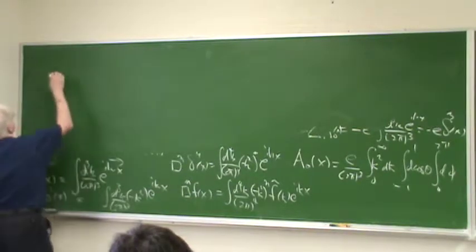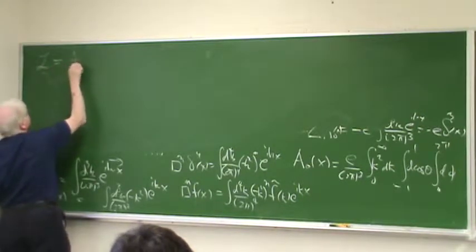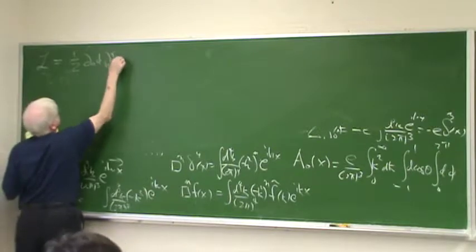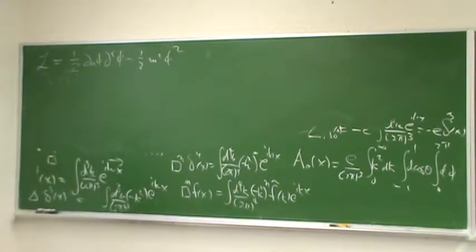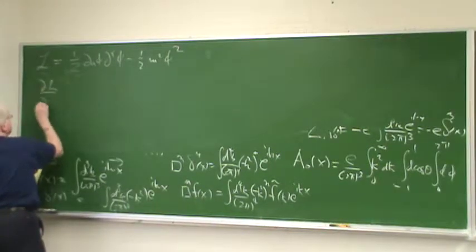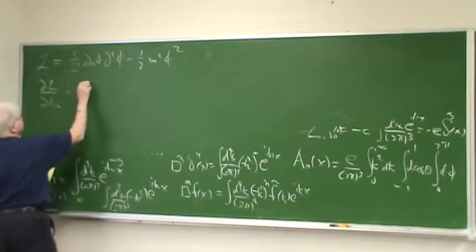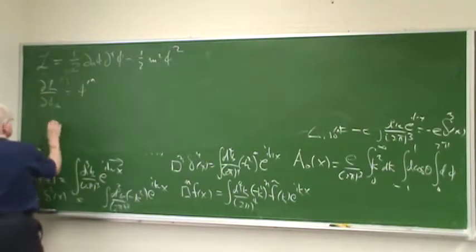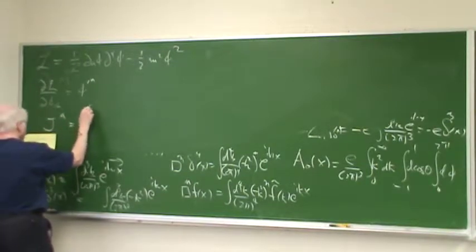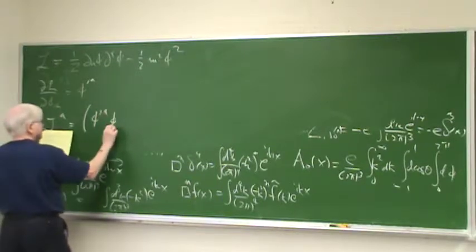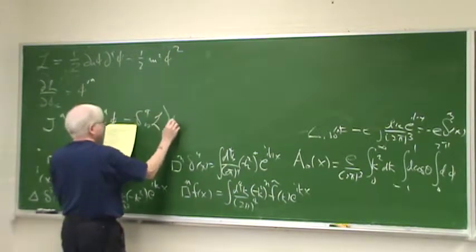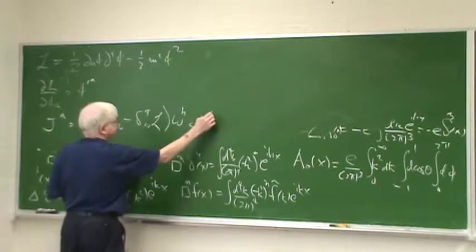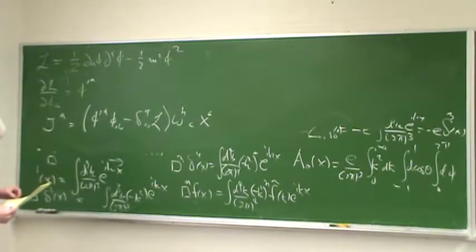All right, as an example, if this L is a half partial_A v, partial_A v, minus a half m squared v squared, which is just a scalar field of mass m, then of course partial L, partial phi comma A is just phi comma A, and so J_A is phi comma A, phi comma B minus delta_AB L, where that's L, and then it's omega_BC x_C. So those are the 6 currents.